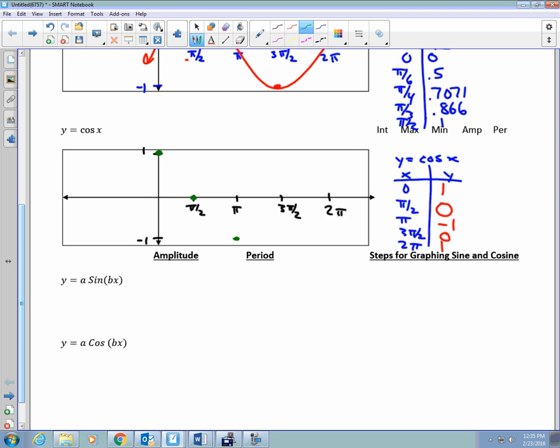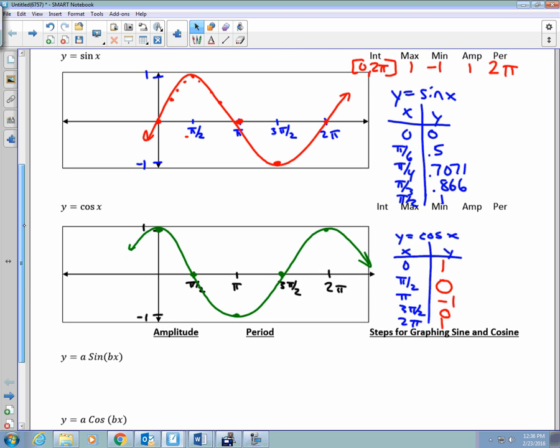Pi, negative 1. 3 pi over 2, 0. And 2 pi, 1. And so we have that shape. What can you tell me about that shape? It's a wave. Very similar to sine, isn't it?